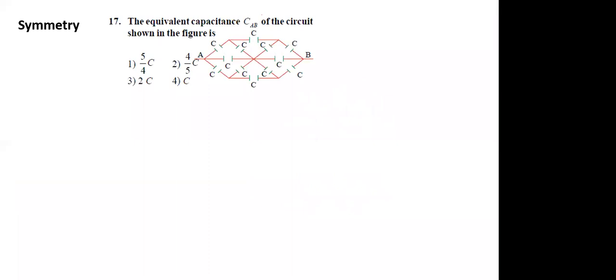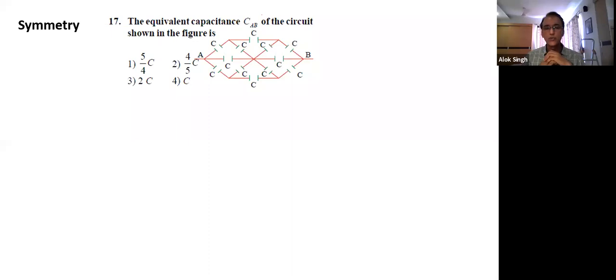In this case, can you think of simplifying the circuit so that it becomes a parallel-series combination, taking advantage of symmetry? Some of you can spot it. See which are symmetrically placed and which junction can be modified in such a fashion that the charge distribution remains unaffected.